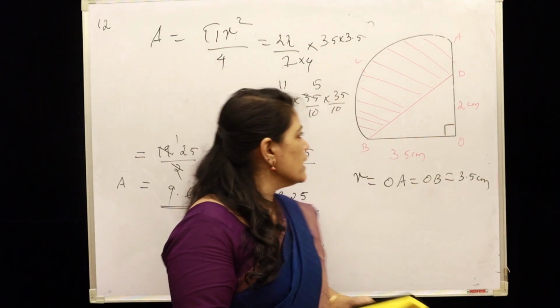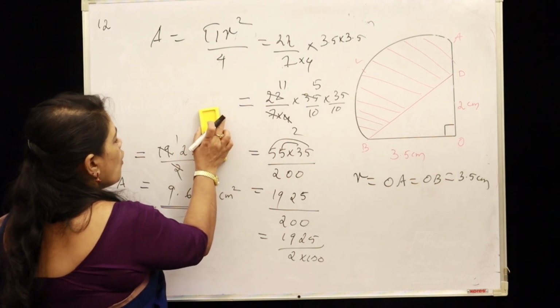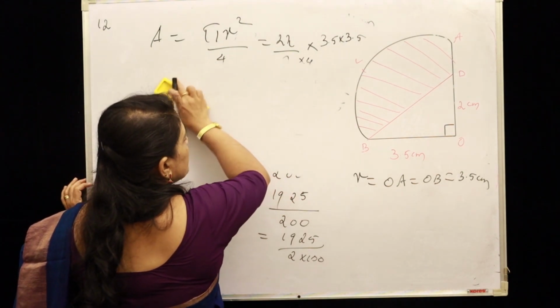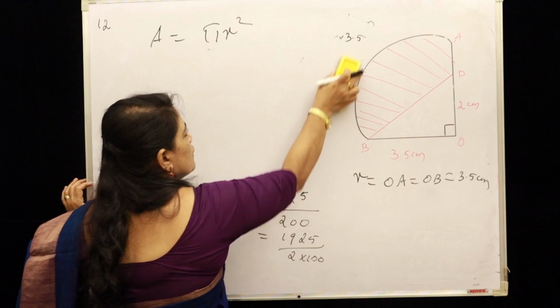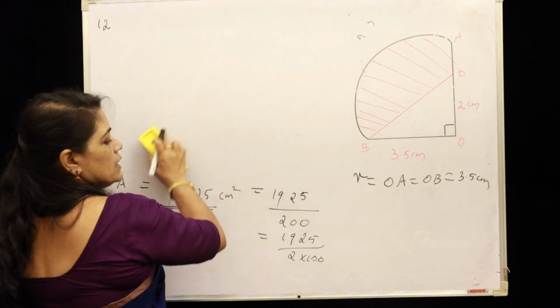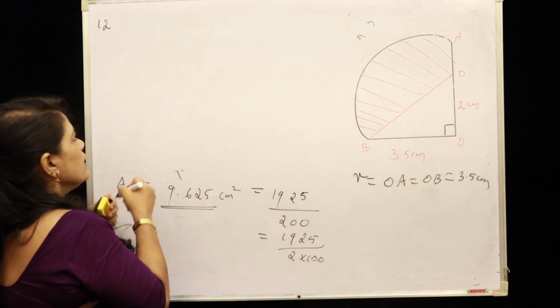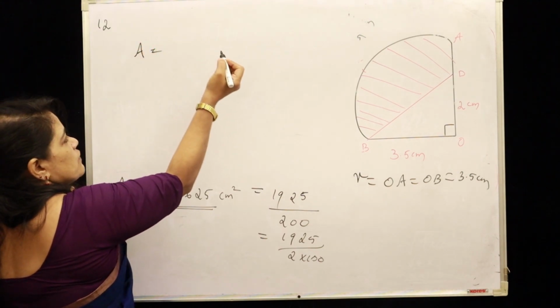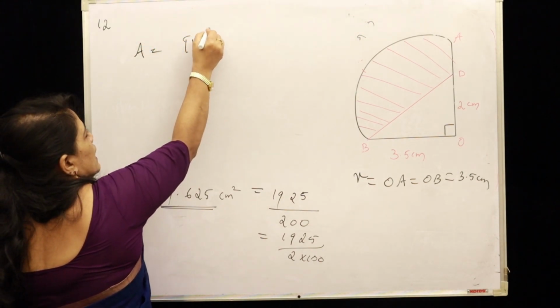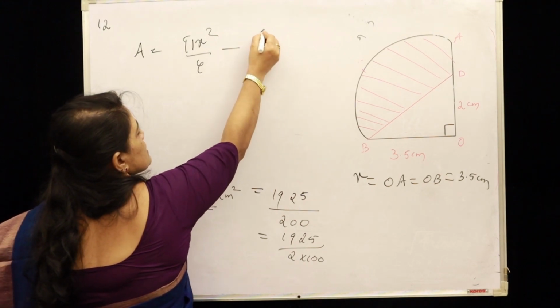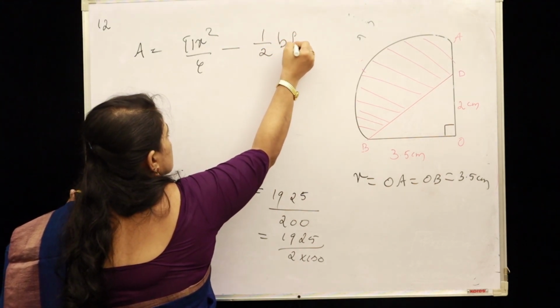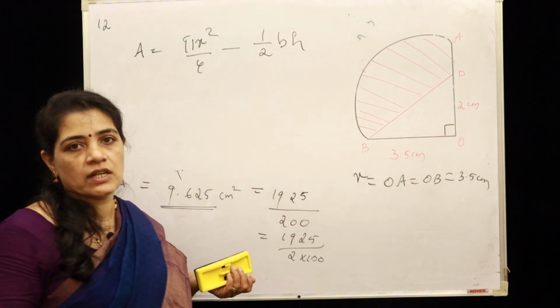So the area of the shaded region will be pi r square, area of the quadrant, minus half BH formula, that is area of the right triangle.